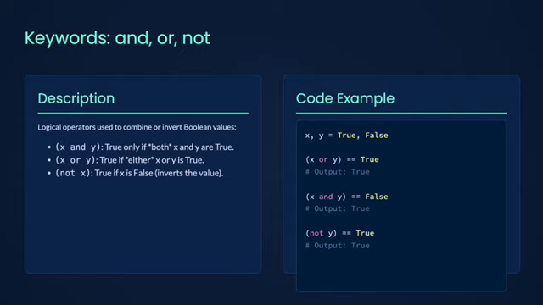Not simply inverts the value. Not True becomes False, and not False becomes True. So in our example, x is True and y is False. So x or y is True because one of them is True. x and y is False because both are not True, and not y becomes not False, which evaluates to True.